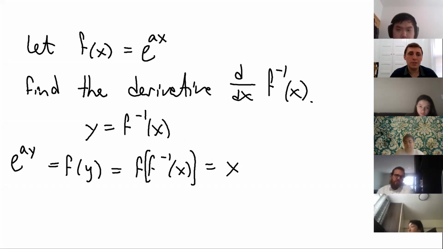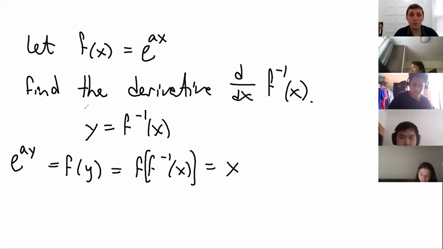Now, I can use implicit differentiation. I presume I have the formula for y. I haven't found the formula, but I presume I have it. Agreed? So I take the derivative of both sides. The derivative of e to the ay is e to the ay times a dy dx, or simply y prime.